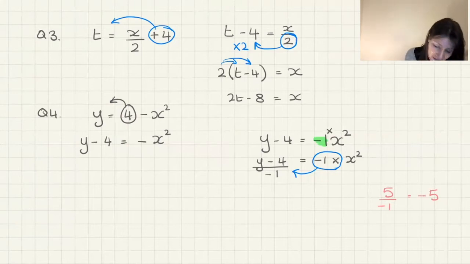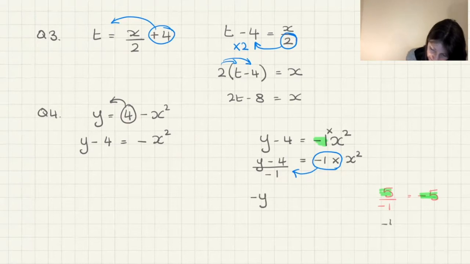So what's actually happening is my +5, when it gets divided by -1, turns to -5. So that's what's going to happen over here. My +y, because it's being divided by -1, will turn into -y.